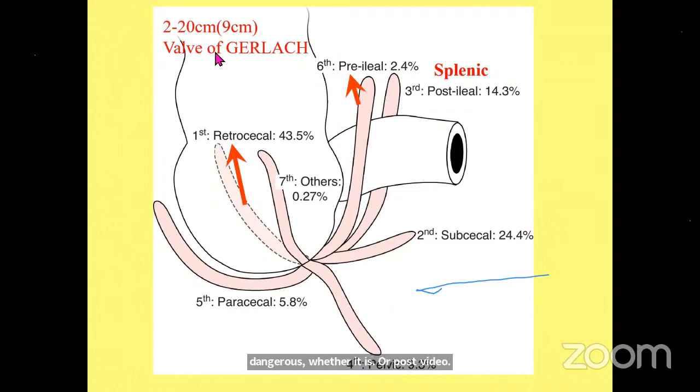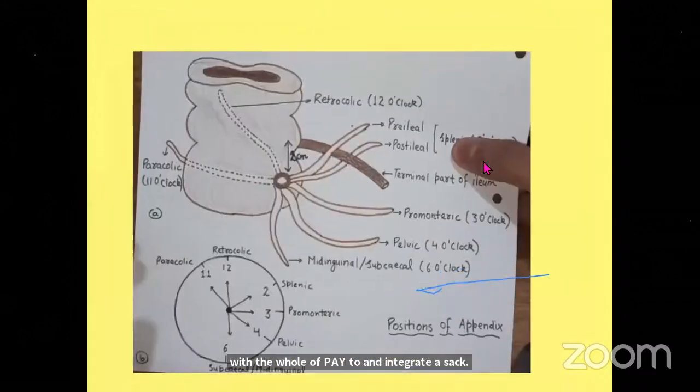Why did you say post-ileal, Nitin? What is the danger you expect if it is post-ileal? Can you explain? The answer is pre-ileal. Why? Because if there is any appendicitis, it will be in communication with the whole of the peritoneum, the greater sac. So pre-ileal is actually considered to be dangerous.